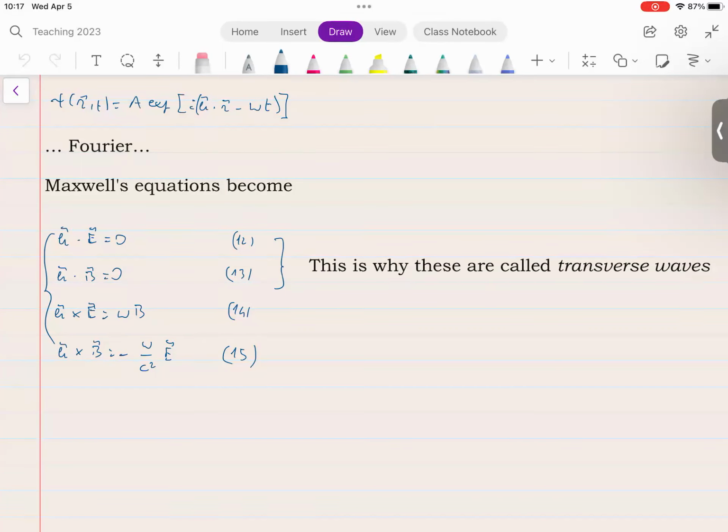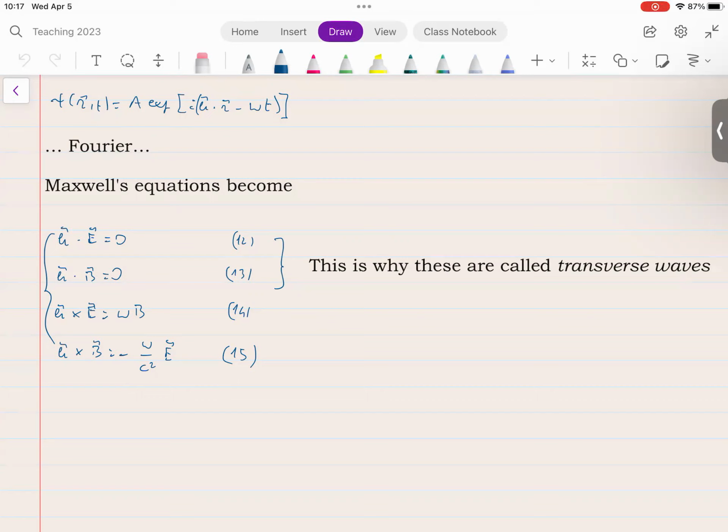Or actually, almost. Notice that the three vectors E, B, and k, taken in that order, constitute a right-handed orthogonal set.